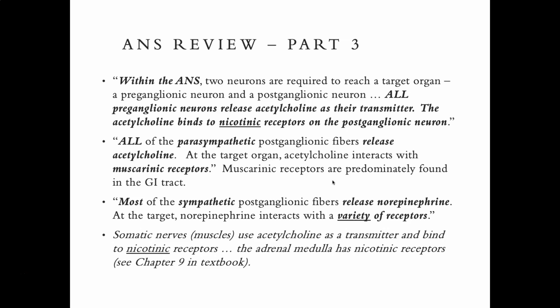Those release acetylcholine, and they're interacting with muscarinic receptors. But at sympathetic postganglionic fibers, those are releasing norepinephrine, and they can interact with a variety of receptors. So try and, if you can, get that straight in your mind. If you can't, it's not the end of the world, but it will help you as we continue moving forward, talking about all these different classes of drugs and how they work.